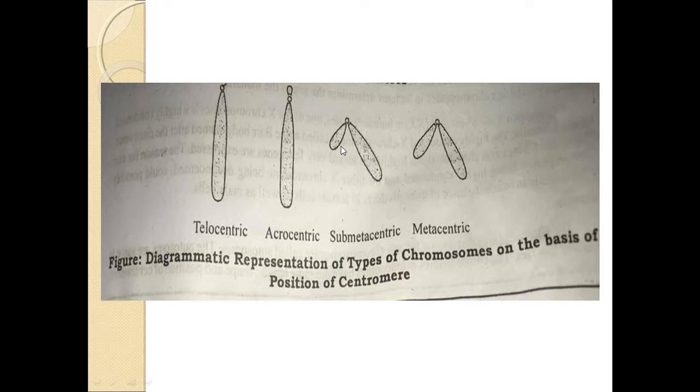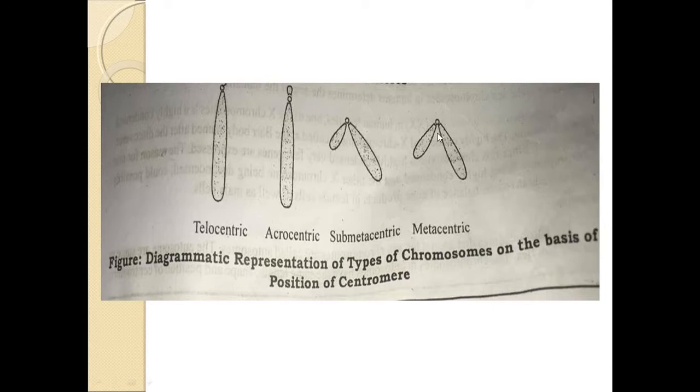This is one of the arms and this is the second arm. The length of both arms is not equal. The length of the chromosome arms is unequal due to the presence of the centromere away from the middle point of the chromosome in submetacentric chromosomes.